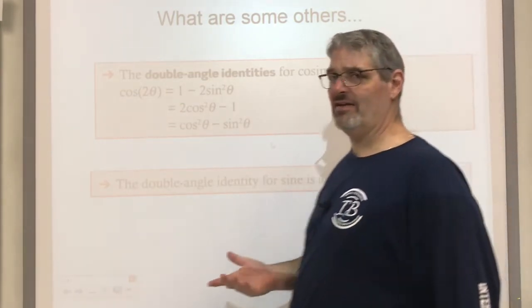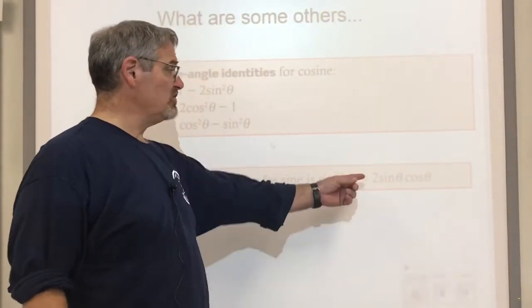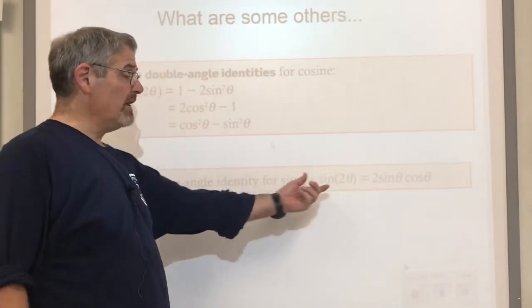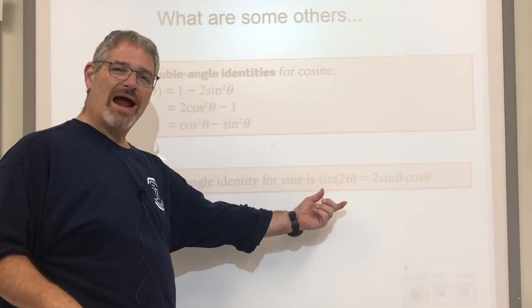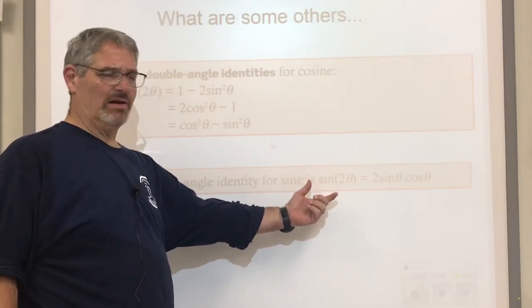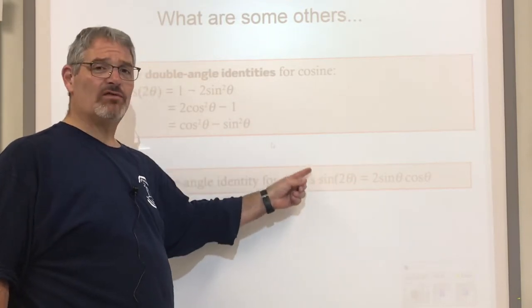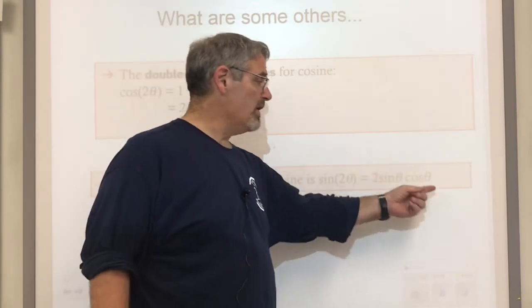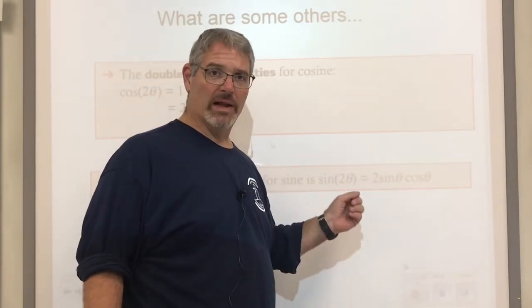With sine, it's easy. The double angle for sine is just 2 sine theta cosine theta. So when you see sine of 2 theta, which we saw in a practice problem, if you remember, in 13C or 13D, where we had sine of 2 theta, and we used a little common sense, but now we're not. We're going to use the formula.